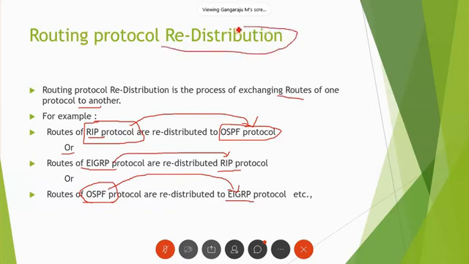But redistribution is available in different ways. What we see in these examples are one protocol, RIP, sending the routes into OSPF, or EIGRP sending into RIP, and OSPF sending into EIGRP.